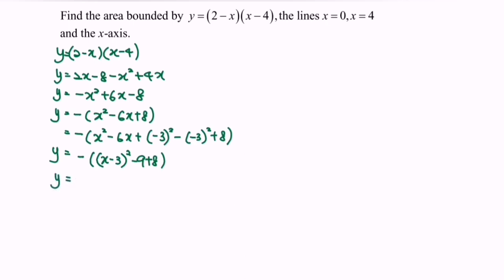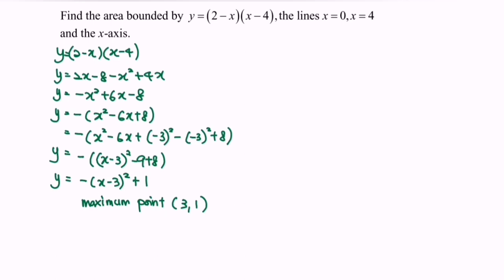So y will be equal to negative (x minus 3) squared plus 1, where we have the maximum point 3, 1. Next, we are going to find the x-intercept and the y-intercept.